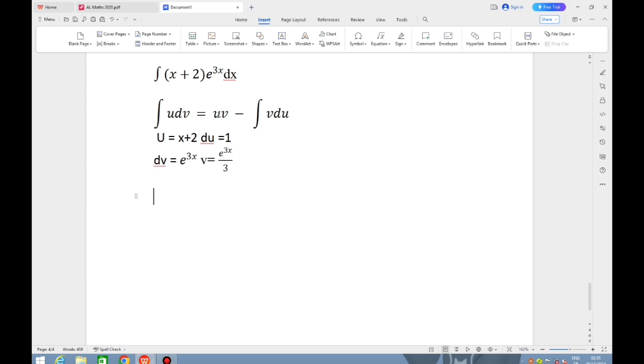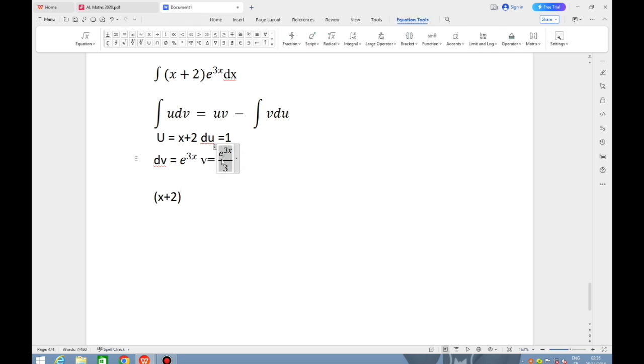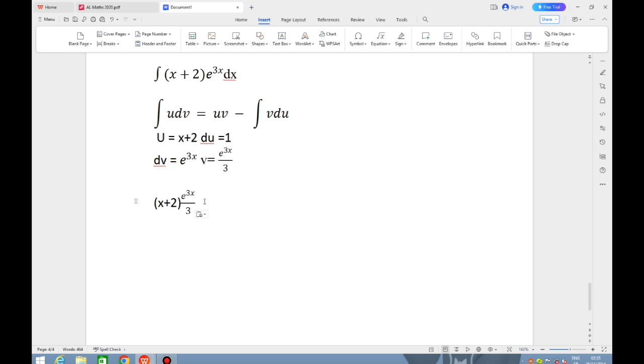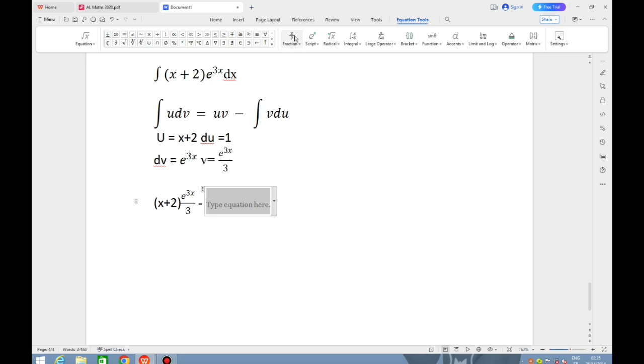So u is equal to x plus 2. V is equal to e to the 3x on 3. So we'll just copy this, and minus the integral of v du.